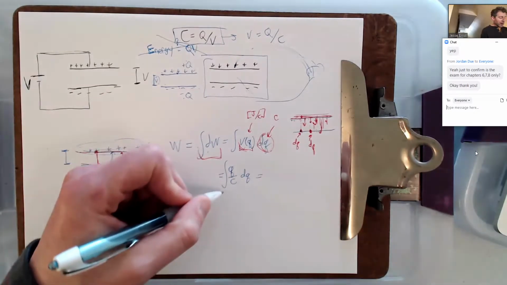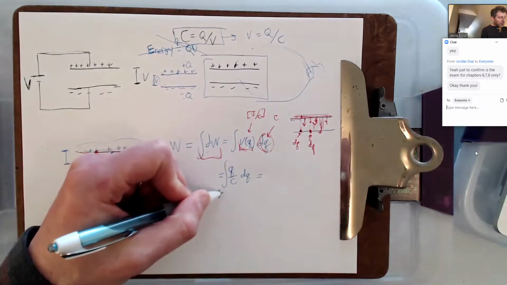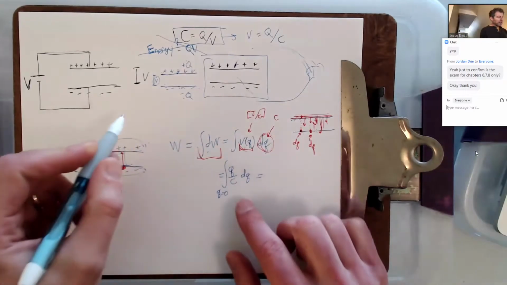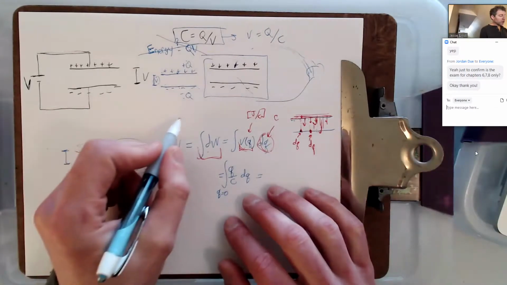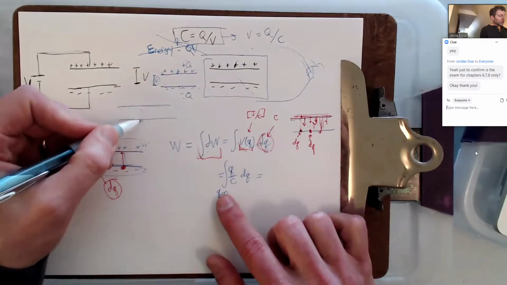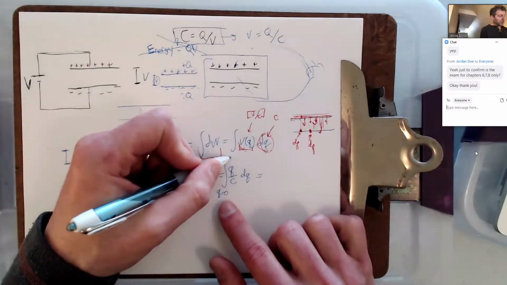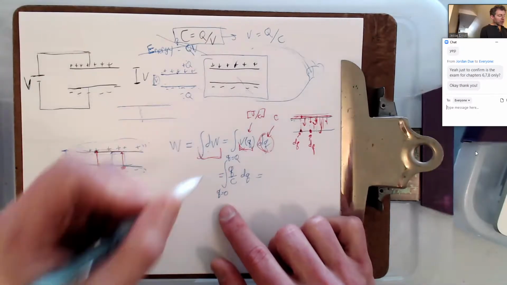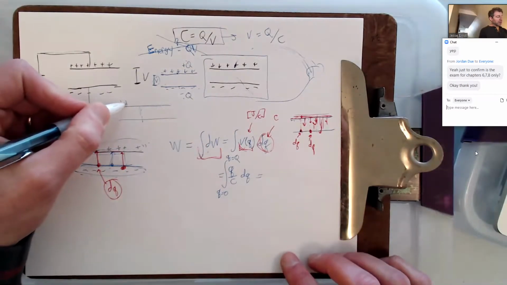And I need to integrate that from Q equals 0, the starting point when I start with a capacitor that's neutral, I haven't moved any charge, and I need to keep moving charges until I have moved a total charge of capital Q. That'll be the final charge.